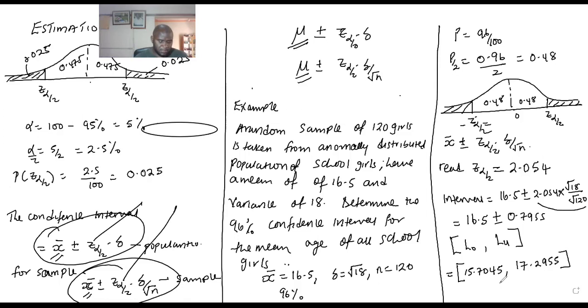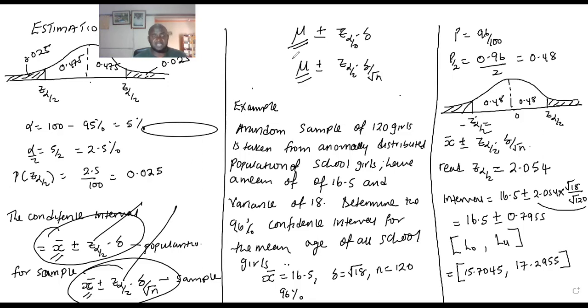Excuse me, sir. Can you please pardon, I'm not getting the question. I've been going on and off. The question was asking us to determine the 96% confidence interval for the mean. You have to be sure that the mean lies within the confidence interval you are getting, at 96% confidence.